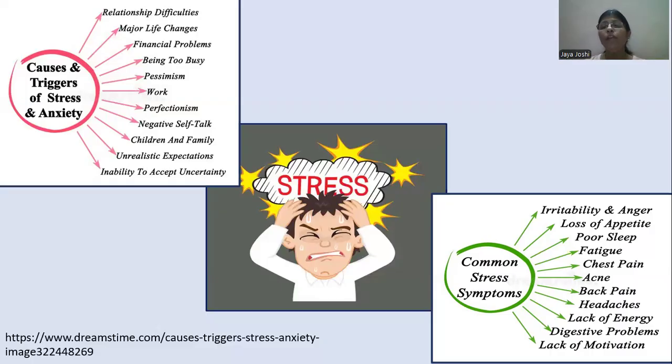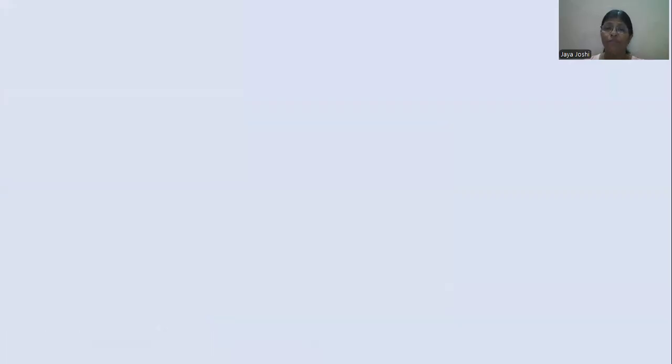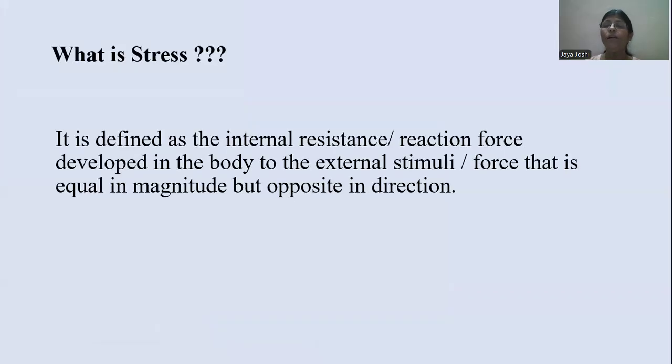So in the same way, you can correlate it with mechanical stress. So mechanical stress means, how will you define stress? It is defined as the internal resistance or the reaction force developed inside the body to the external stimuli or force that is equal in magnitude but opposite in direction.